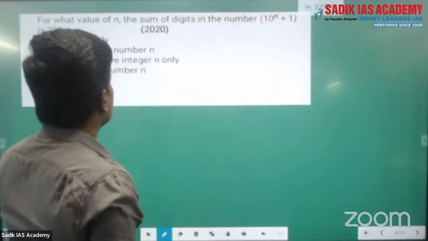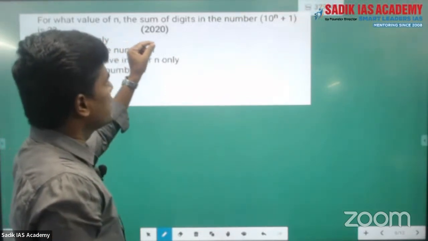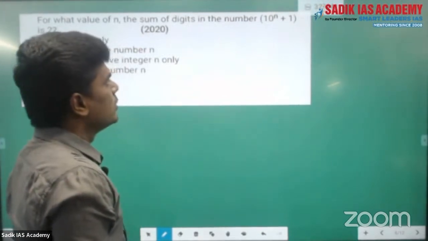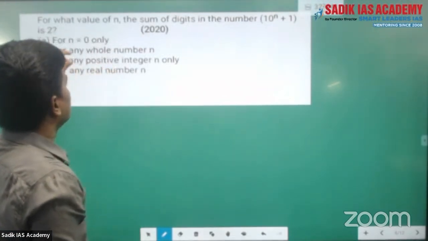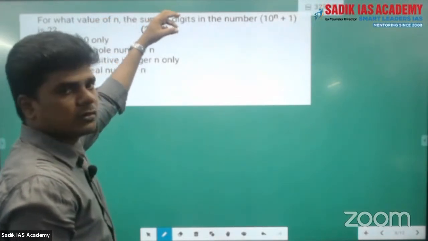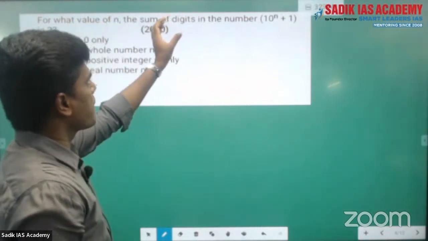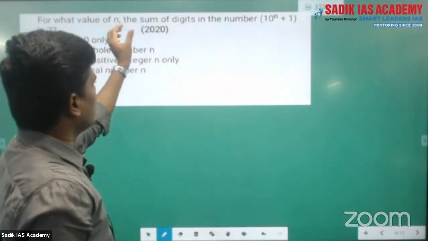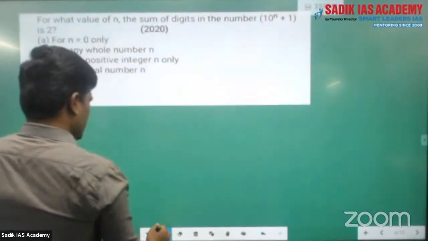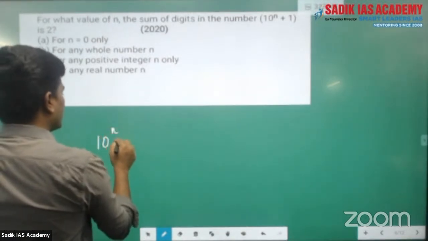just consider this question. For what value of n is the sum of digits in the number 2? So here they have given one condition in the question, a statement that has some meaning. The number is 10 power n plus 1.